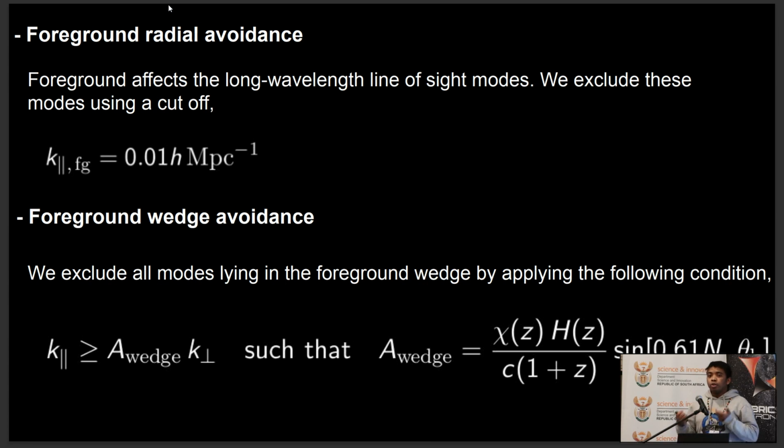Also, due to the response of the instrument, there is a leakage of the k parallel, which is the line of sight, to the k perpendicular. Hence, we have the so-called wedge, so we do the foreground wedge avoidance by imposing this relation.